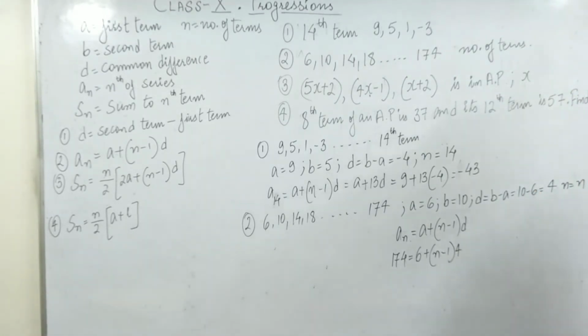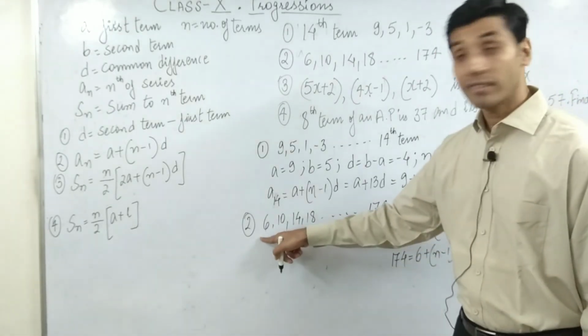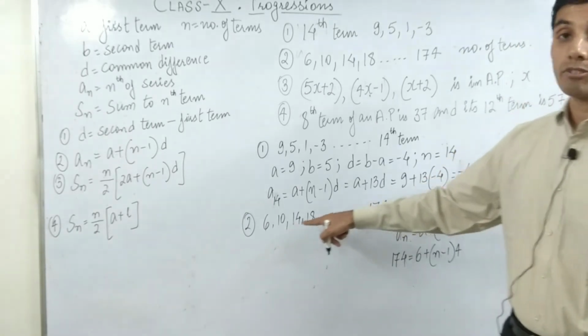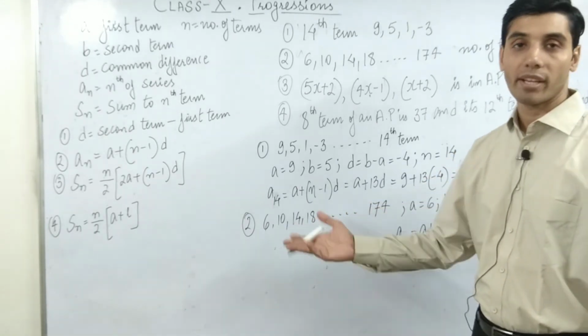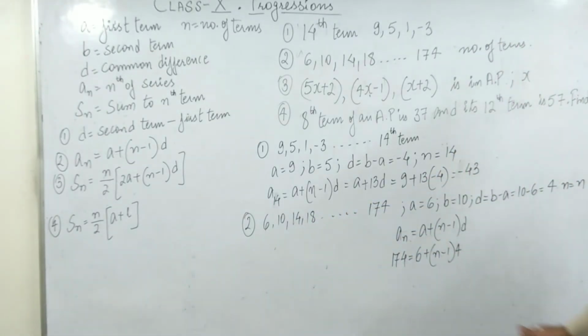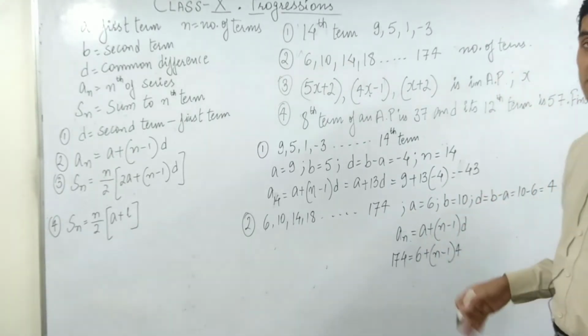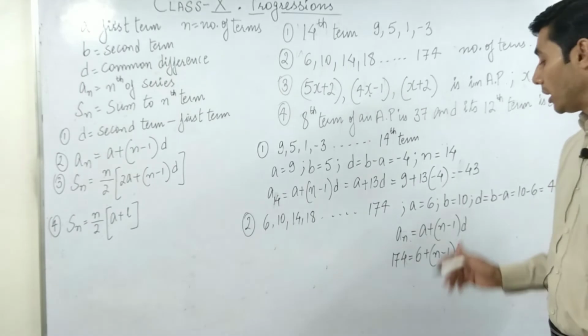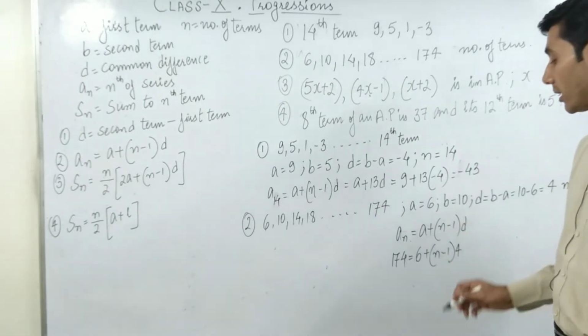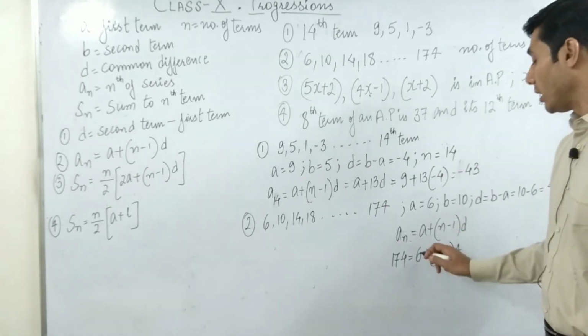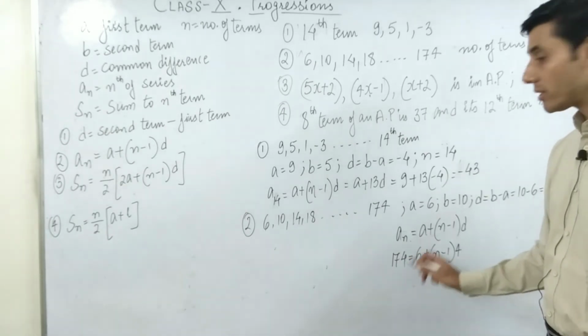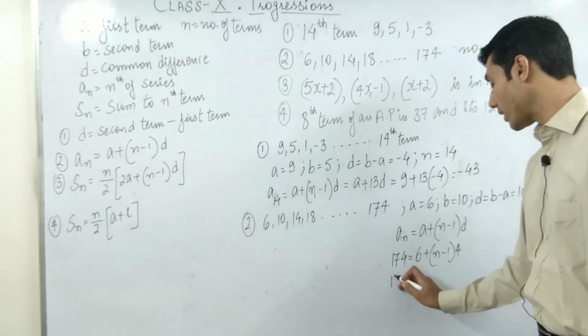Let's check first of all whether this was an AP or not. 10 minus 6 is 4, 14 minus 10 is 4, 18 minus 14 is 4, so everything is 4, so of course it has to be 4. Then 174, always remember the way I am doing algebra. I am not saying you should also do it like this, but please don't make childish mistakes. So 174 minus 6 is going to be 168.